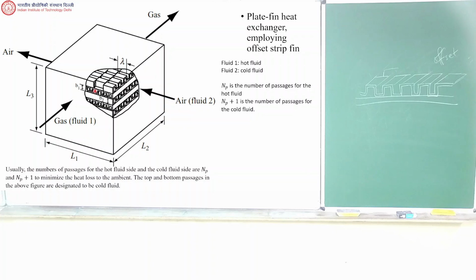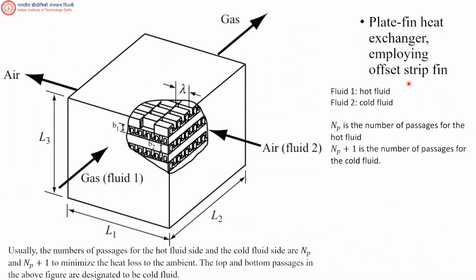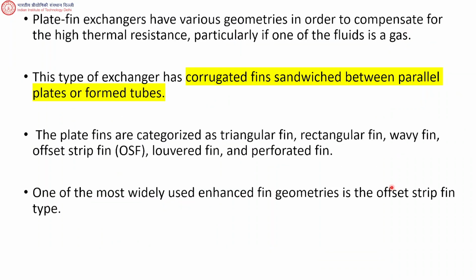So this sort of arrangement is a plate fin heat exchanger employing offset strip fin. Offset strip fin. This is what it is called. And plate fin heat exchangers can have various kinds of geometries. They can have triangular fins, rectangular fins, wavy fins, and offset strip fin, which I have just now shown you. Right?